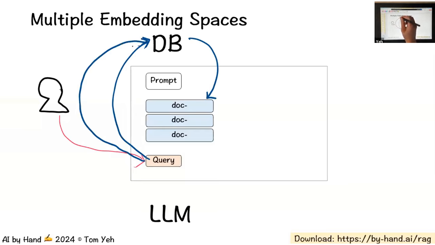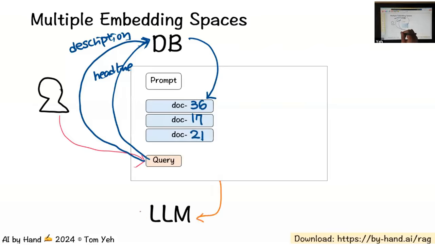Say we want to restrict by the description field, and then we retrieve by headline, and so on, 2 instead of just 1. And then we would like to retrieve based on these 2 spaces combined somehow, and you can retrieve this document, like 21, and the rest is still the same. So this is the first extension I'd like to talk about, for multiple embedding spaces.